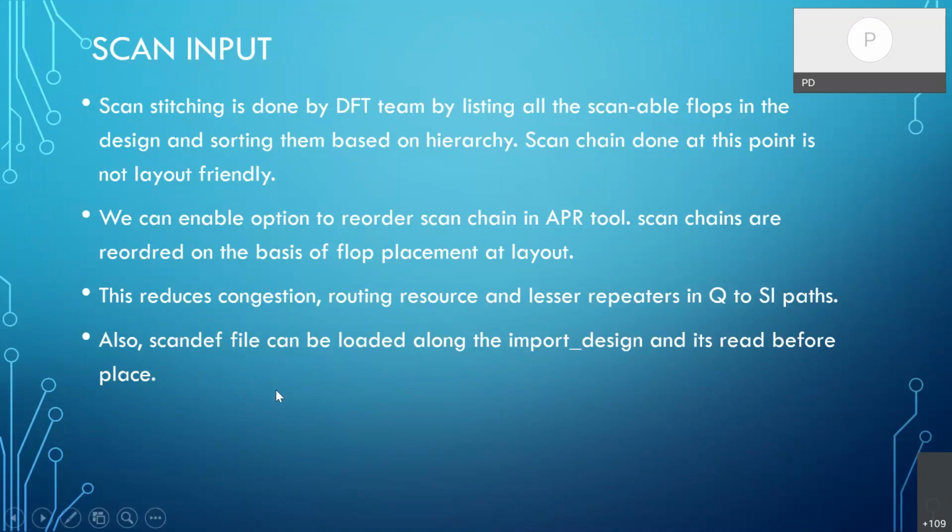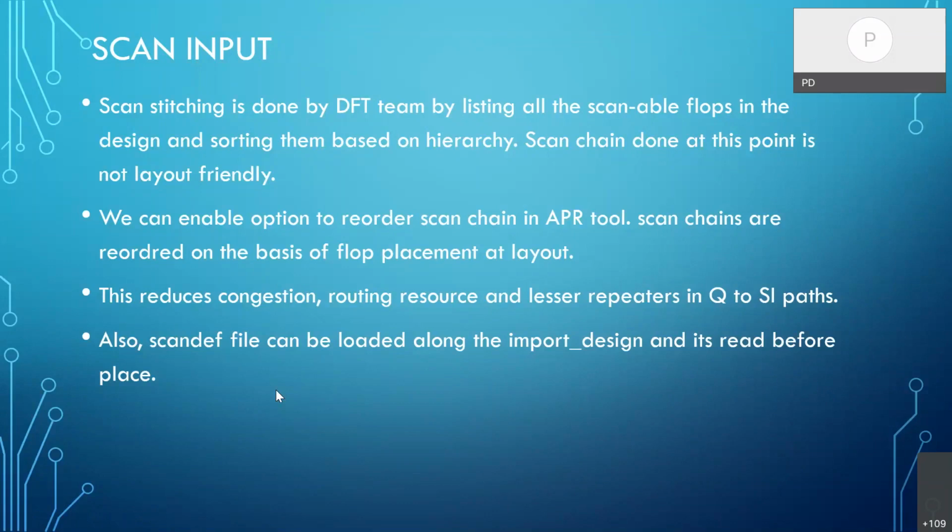And sometimes we can also give the scan-def input before the placement stage. So the optimization will happen for each mode, like test mode and functional mode. In the scan mode, it is liberal and will not have a much higher frequency, so it can be optimized with less importance.